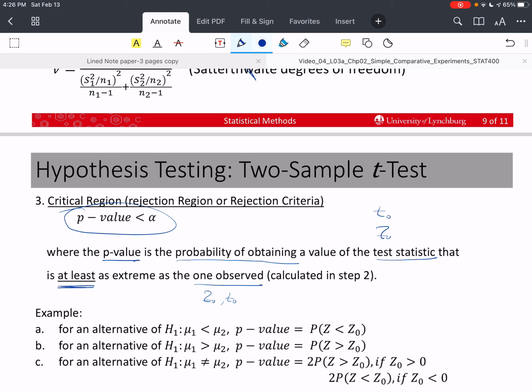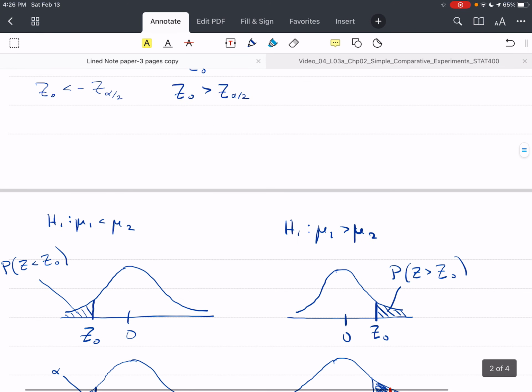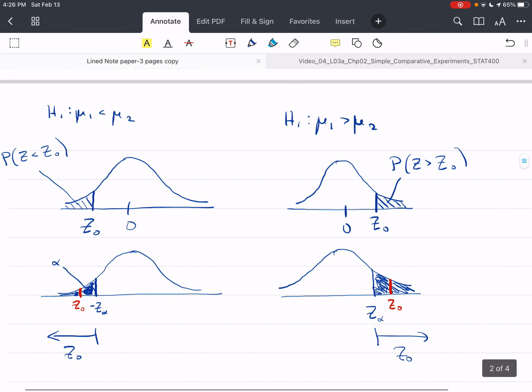Now, for an alternative of mu1 less than mu2, the p-value is going to be the probability that z is less than z naught. Let's take a look at this. For the p-value method, we look at z naught.